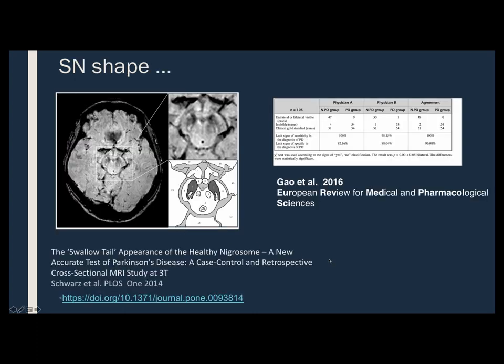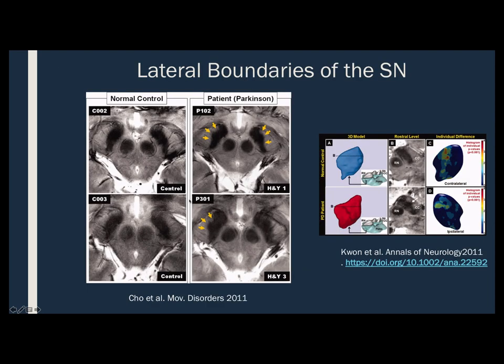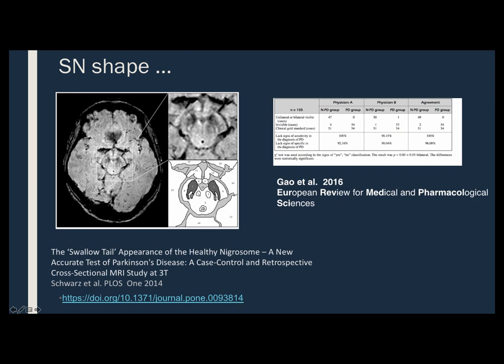One of the studies, a couple of studies from 4 years ago, for example, and I think there were some studies even before this, is what is called the swallowtail. So this is the definition of the shape of the substantia nigra, where there are groups that define that in healthy subjects there is this indentation in the tail of the substantia nigra, and the claim is that that shape is lost in the patients.